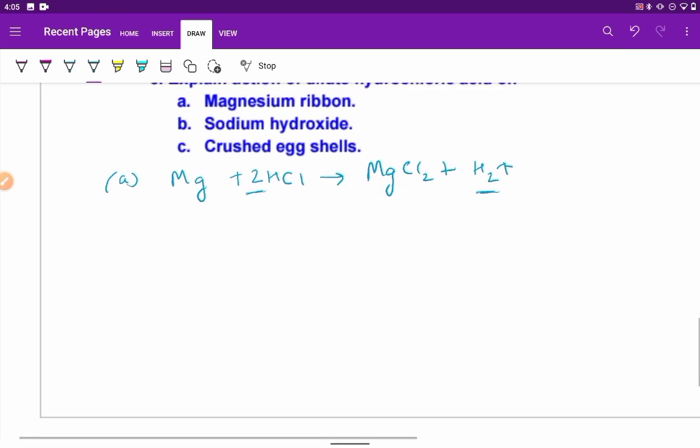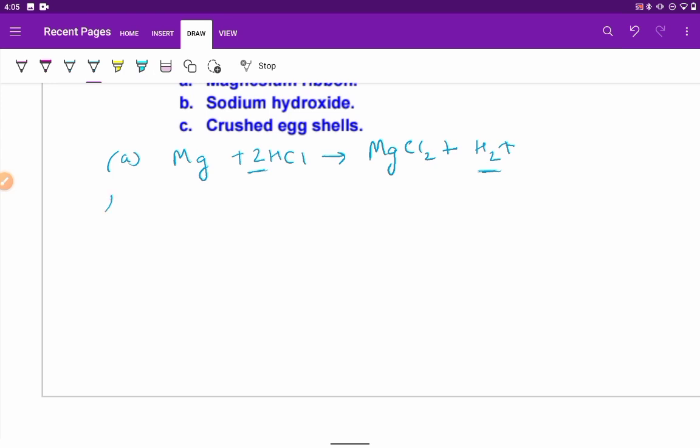Next, reaction with sodium hydroxide, NaOH. So the reaction is HCl plus NaOH. Now HCl is an acid, NaOH is a base. This type of reaction is known as a neutralization reaction, and in this type of reaction, we get a salt and water.